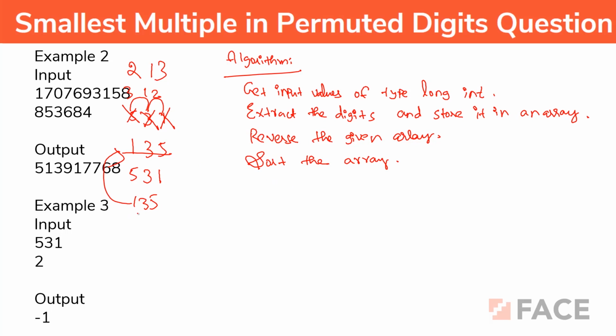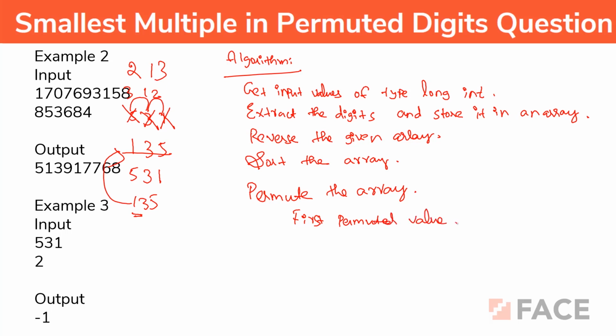After sorting, I have to permute the array. Once after permuting, I'll be getting my first permuted value.